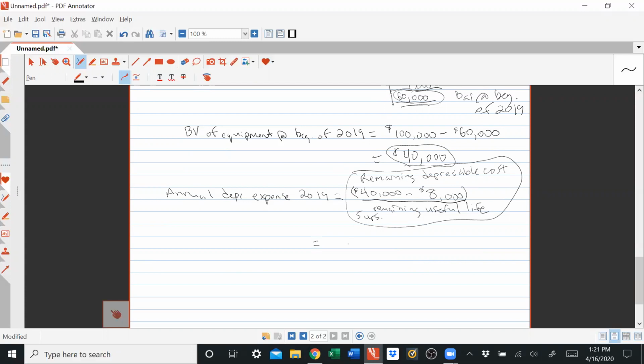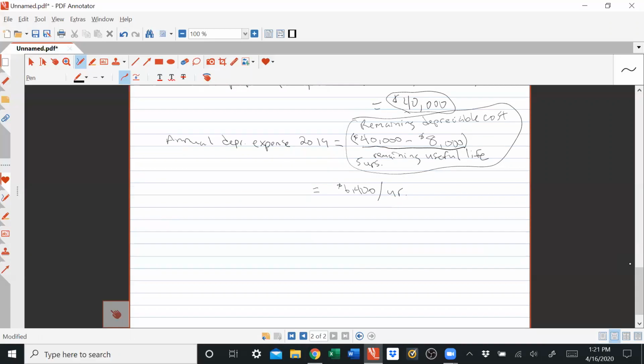So it's 32,000 divided by 5, so 6,400 per year is our depreciation expense for 2019, for 2020, for 2021, for 2022, and for 2023. Right, there's 5 years left. Each of those years, this is the depreciation we recognize.